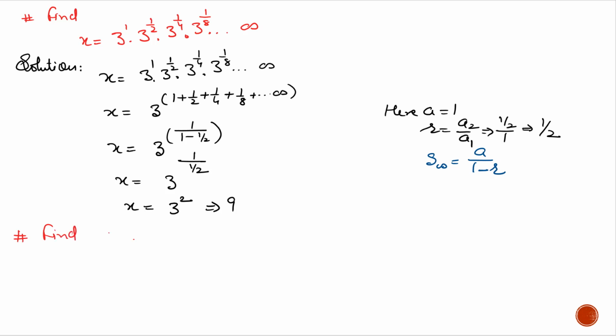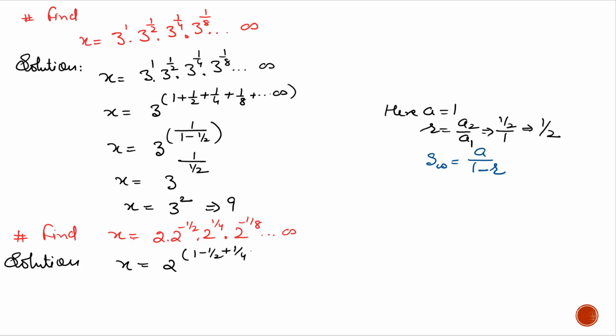Next example. Find the value of x which equals 2 multiplied by 2 raised to the power minus 1 by 2 multiplied by 2 raised to the power 1 by 4 multiplied by 2 raised to the power minus 1 by 8 and so on till infinite. Again the base is the same, so we add the powers. So x equals 2 raised to the power 1 minus 1 by 2 plus 1 by 4 minus 1 by 8 and so on. It's an infinite GP.